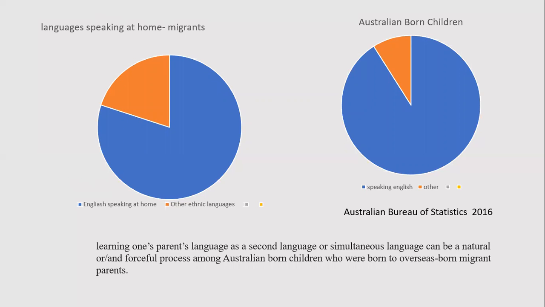First-person experience and ABS data reflect the condition that learning one's parent's language as a second language or simultaneous language can be a natural or forceful process among Australian-born children who are born to overseas-born migrant parents.